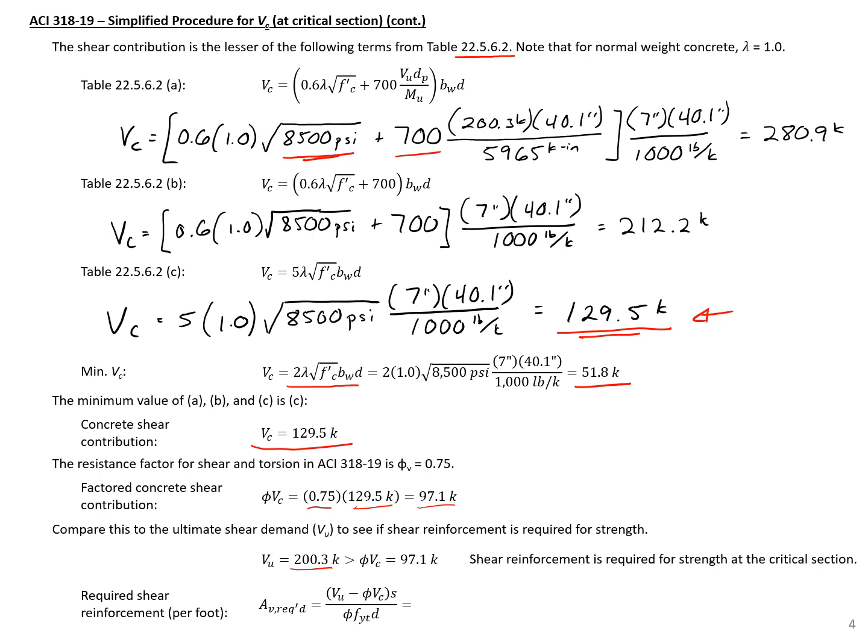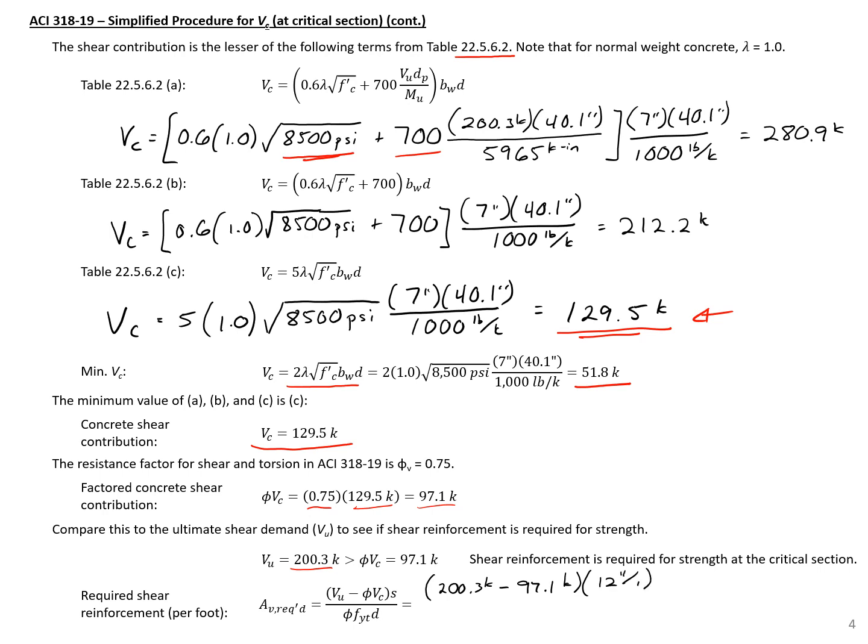So we can use our equation for our Av required to calculate the amount of shear reinforcement that we'll need per foot. So our Vu here is 200.3 kips minus our phi Vc 97.1 kips, times 12 inches per foot.